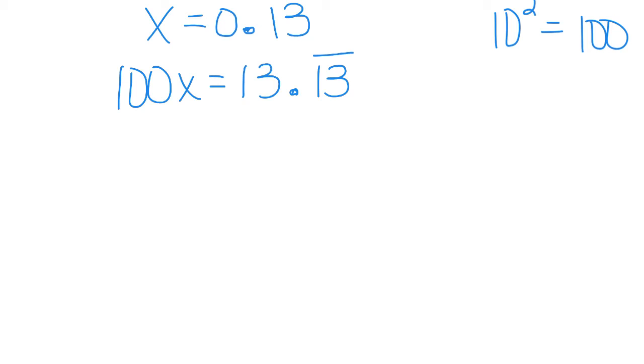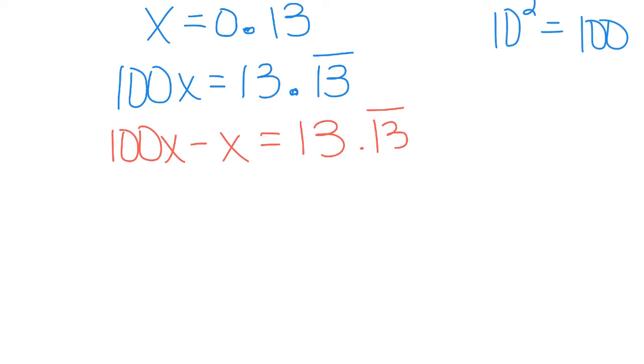Now, remember our next step, we have to get rid of the repeated decimal. The repeated decimal is equal to x. So on the left side, we're going to subtract an x. And on the right side, since x is equal to the repeated decimal, we're going to subtract off that repeated decimal.